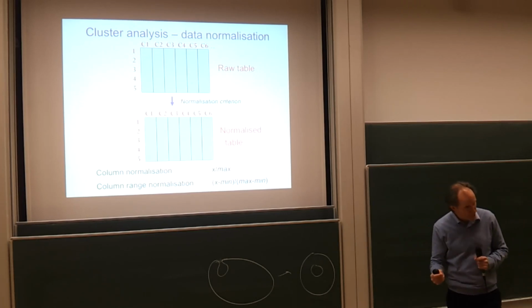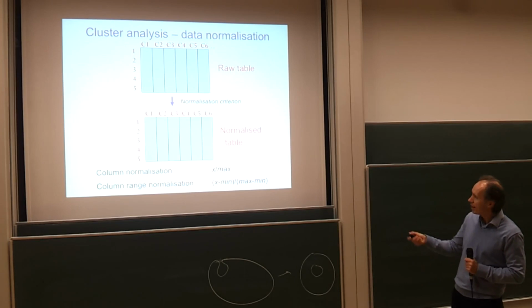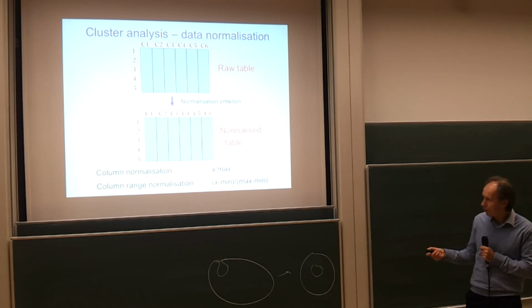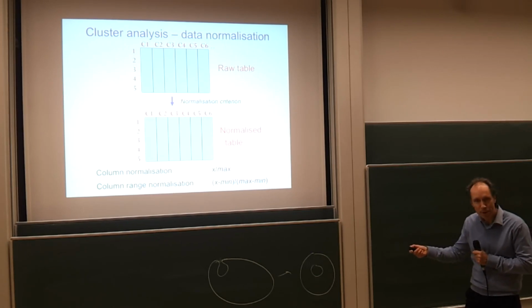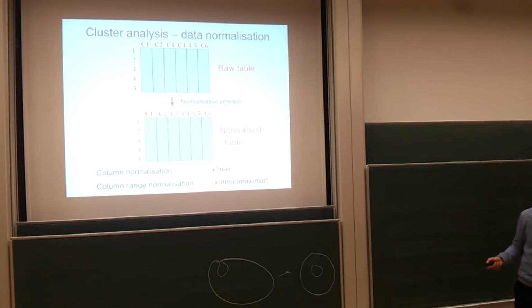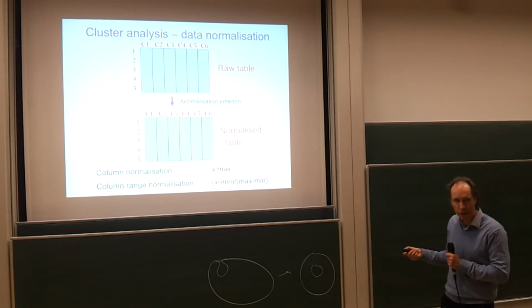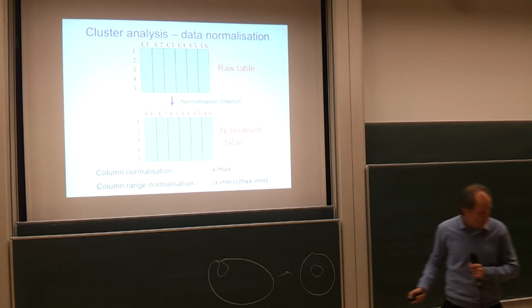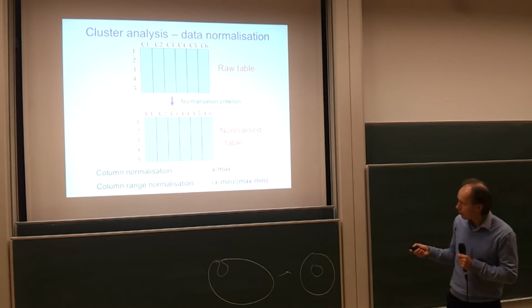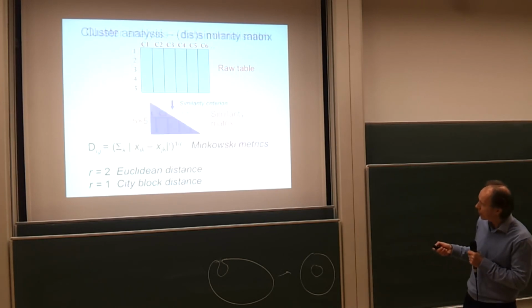If you want the highest number on 1 and the lowest number on 0, then you look at the minimal number and the maximum number. You use a simple formula, check it, with 1 and 2 if you only have those. And you will see that 1 will evaluate to 0, and the number 2 to 1. So that's a way to normalize a table, because that is required if you want to do cluster analysis.